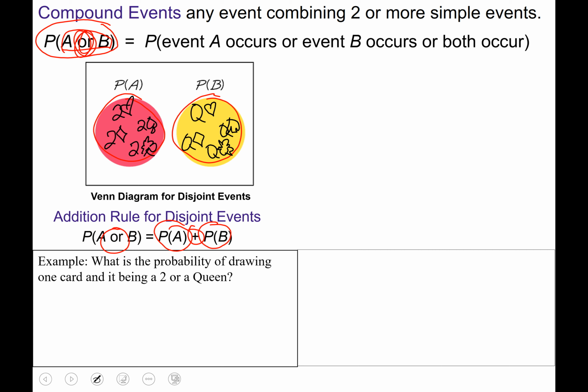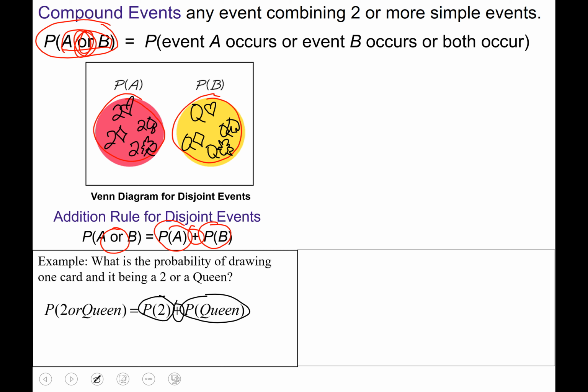There's no single card in the deck that would fall in the red circle and in the yellow circle. All the 2s are separate from all the queens. So that being the case, you will just take the probability of drawing a 2, plus the probability of drawing a queen.